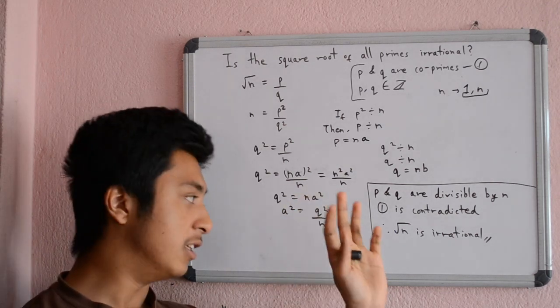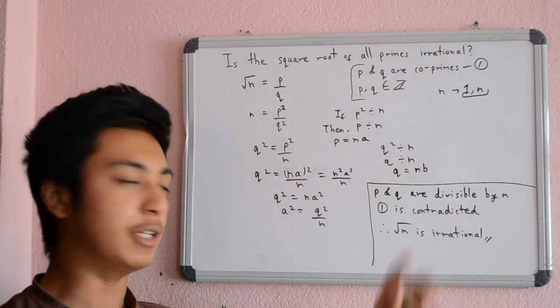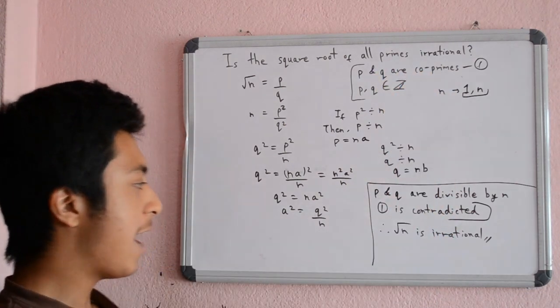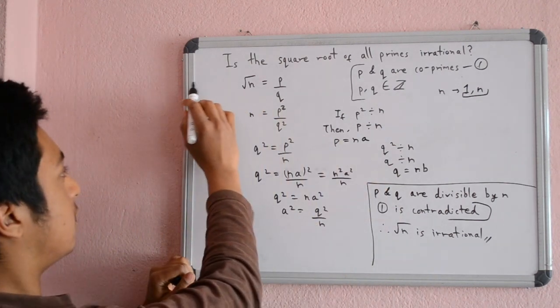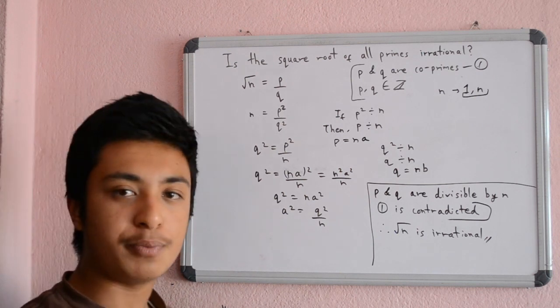Which means, finally, square root of n is irrational by proof by contradiction. Because here we have contradicted a condition over here, and since n is just any prime number, that means the square root of all primes is indeed irrational, no matter which prime number it is.